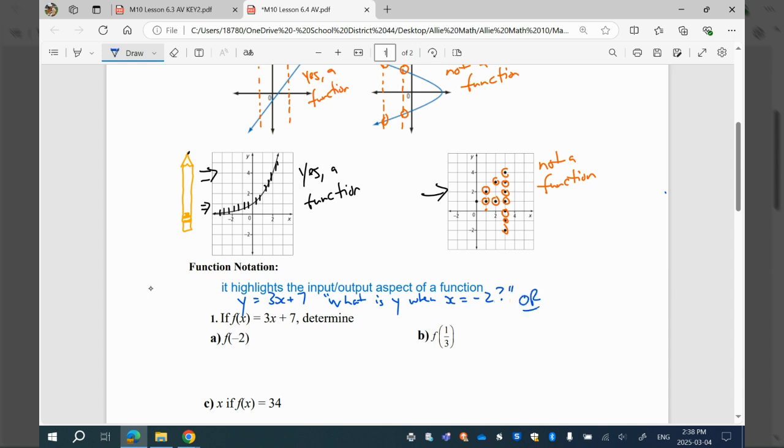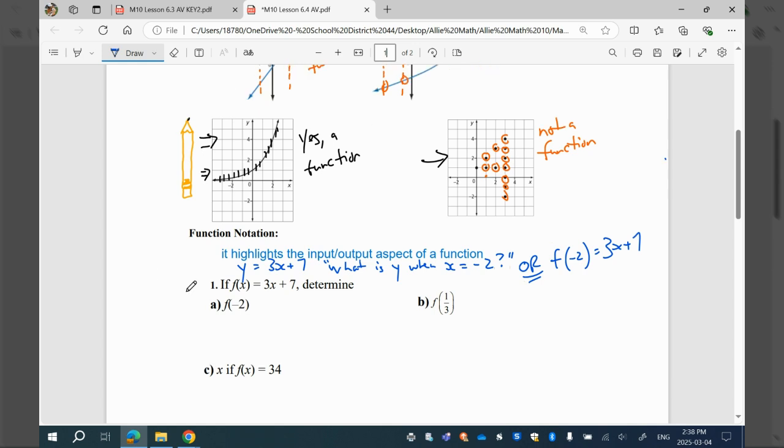Or you can simply write f of -2 equals 3x plus 7. And then we know we are asking what is y, or what is f of x, when x equals -2. So we're just going to input this into our x and solve.